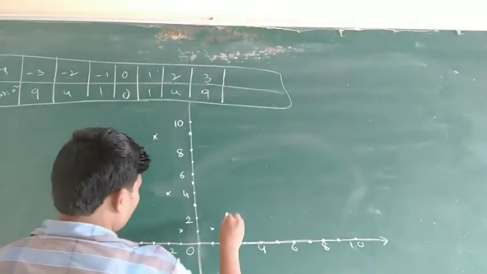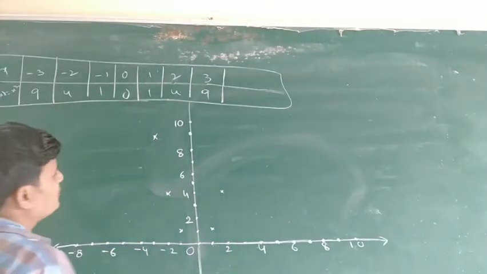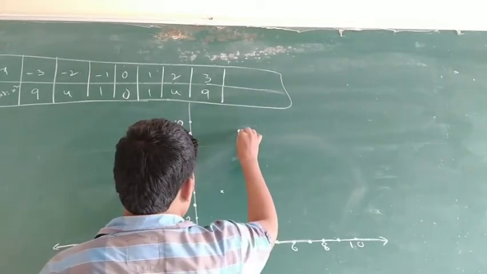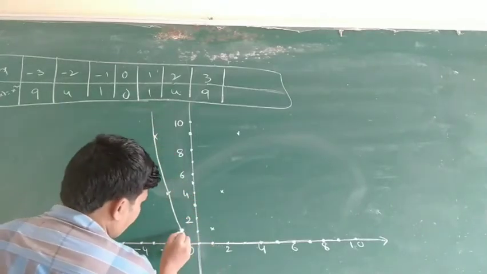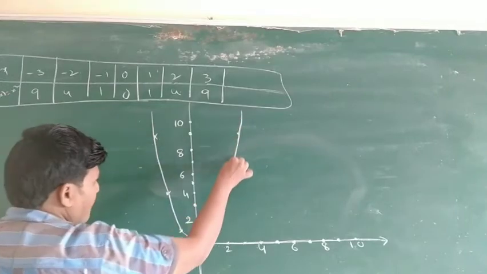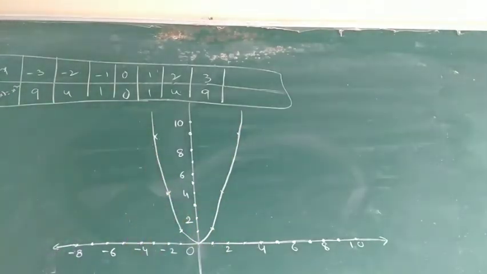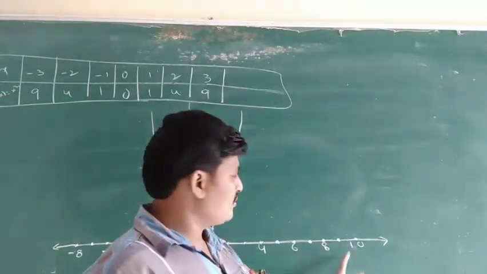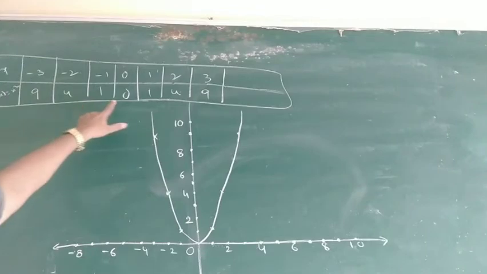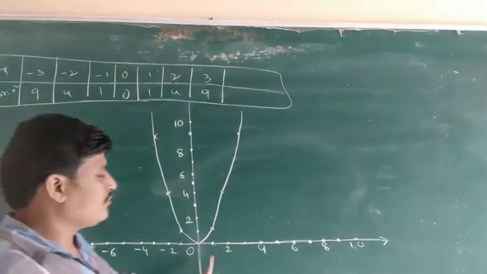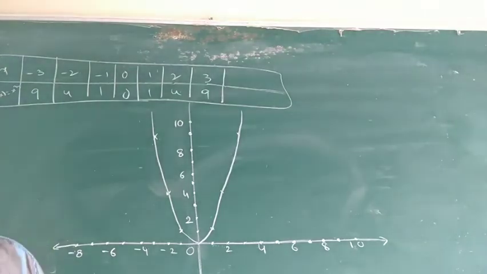Next 2 gives 4, 3 gives 9, this one. You can take up to 10, 10 is not the end, 12, 14 also, you can take so many numbers. So the values are big values, so you take each box equal to 2 units.